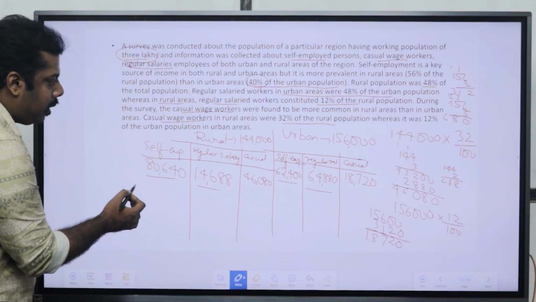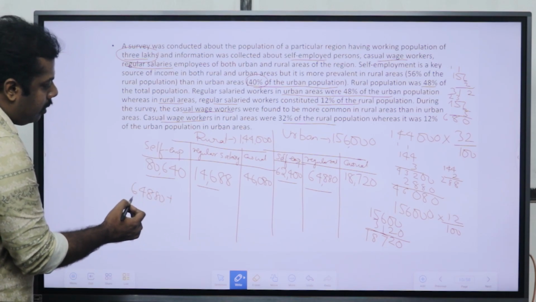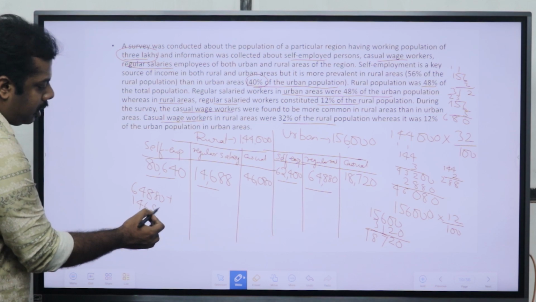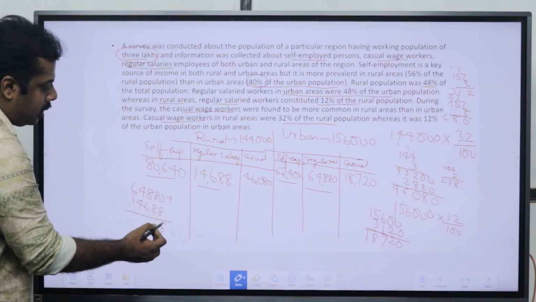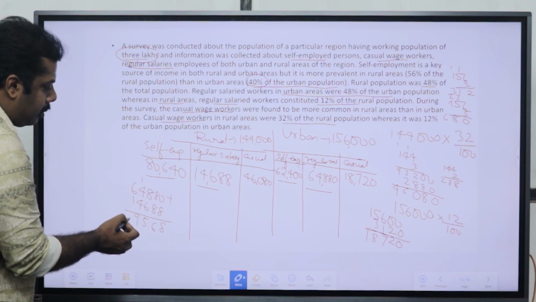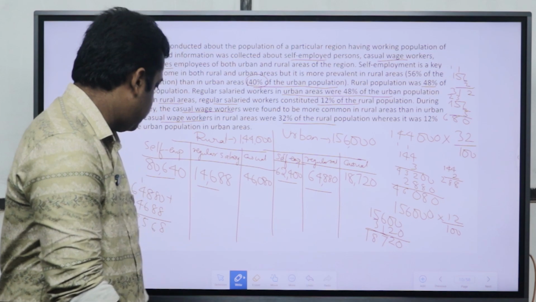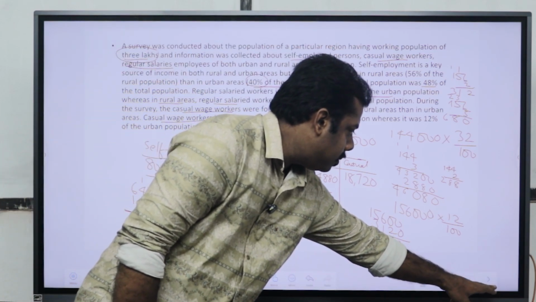Just adding both values: 64,880 plus 14,688. 8 plus 8 is 16, 14 plus 1 is 15, here will come 9. So we are getting 79,568.